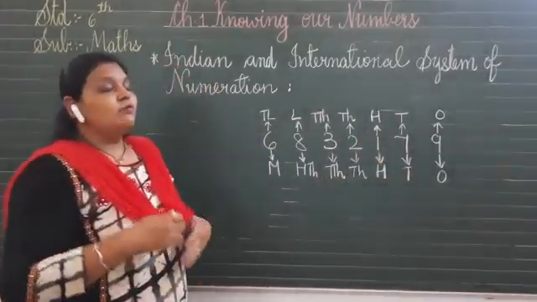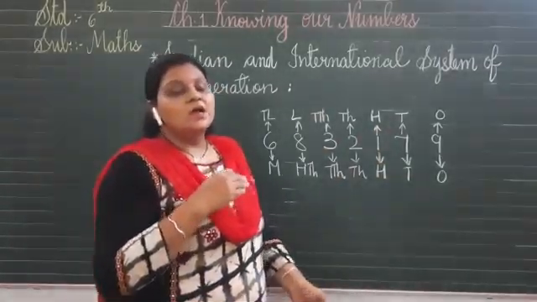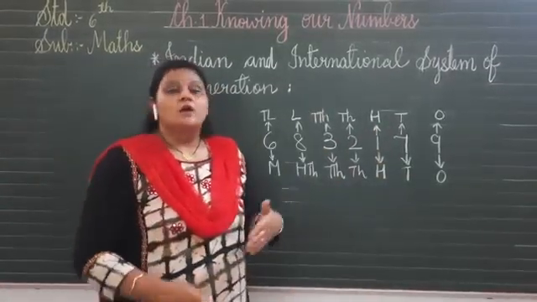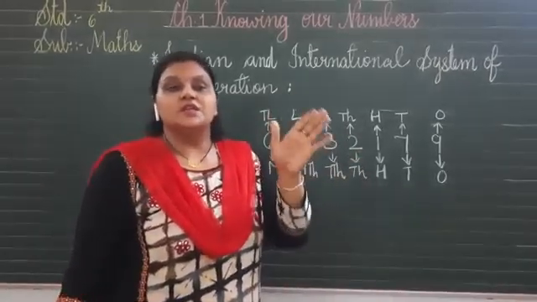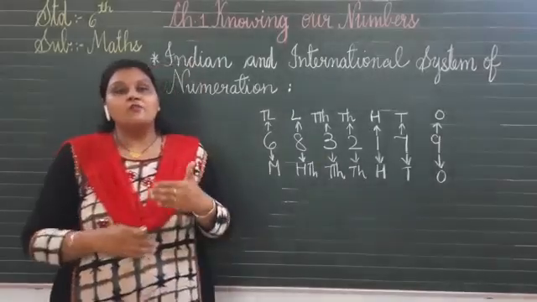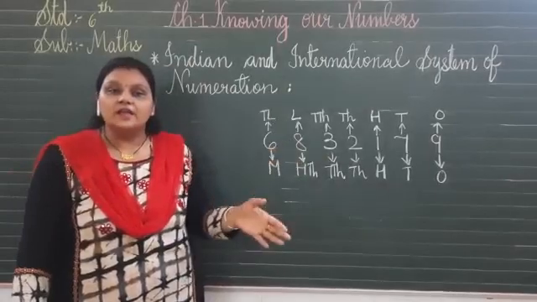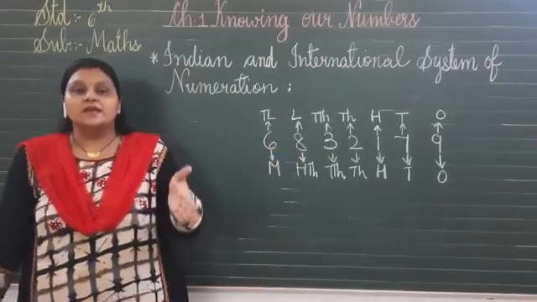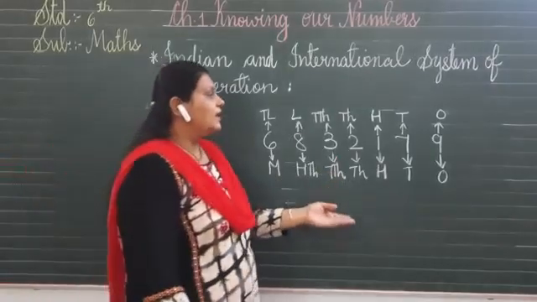Now when I want to write the given number in the Indian system, simply when we are writing the number, that number is written in the Indian number system. We are not aware of it actually, but simple numbers when we are writing, that number is in the Indian system of numeration.